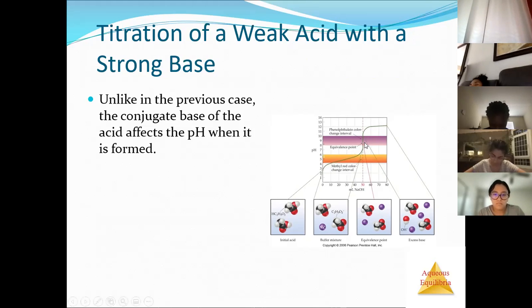I still will get the equivalence point being at a higher pH for the weak acid than the strong acid. The question I have is why? Think about it. First person that comes up with the answer on Thursday gets an extra credit point.